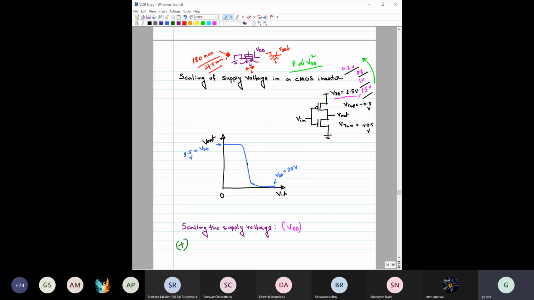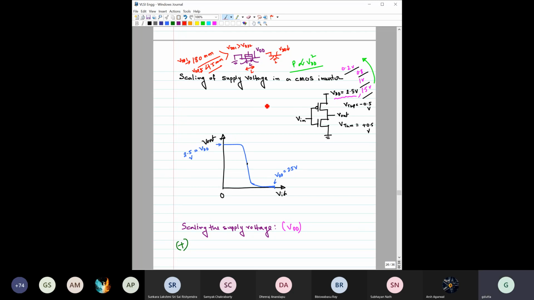If you consider these two technology nodes, do not think that the VDD used here and the VDD used for this 45 nanometer technology are the same. If we say the VDD used here is VDD1 and this is VDD2, then obviously VDD1 is higher than this VDD2.